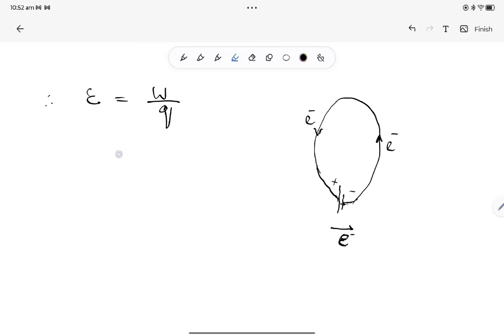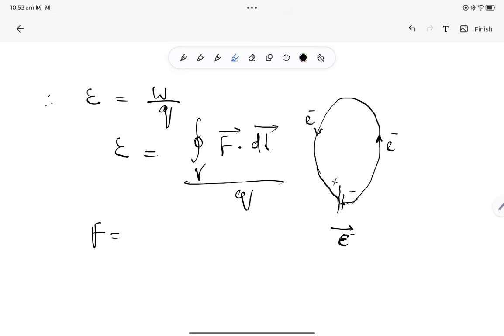Now we can write EMF is equal to work done. Since work is being done in a closed loop, we denote the loop by gamma, and this loop is closed, and we write force dot displacement, that is F dot dl, divided by Q. Since the work here is being done against electric force, we can write E equal to F by Q. That gives us F is equal to QE.